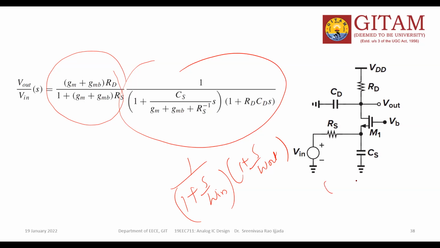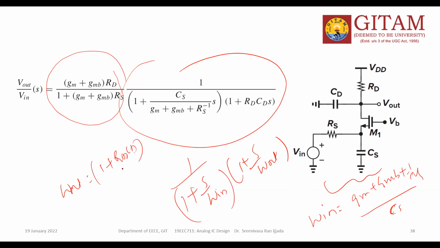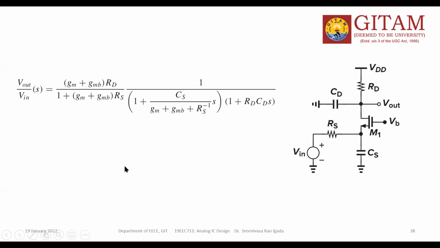For this circuit, omega in is gm plus gmb plus 1 by RS, by CS, and omega out is 1 plus RD into CD. Substitute these two pole frequencies in the transfer function equation, then you get this.